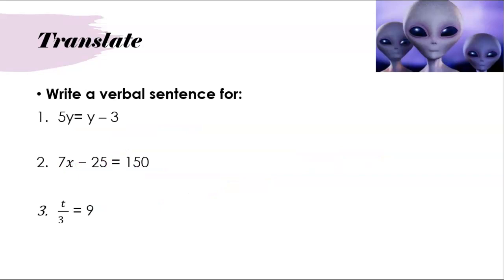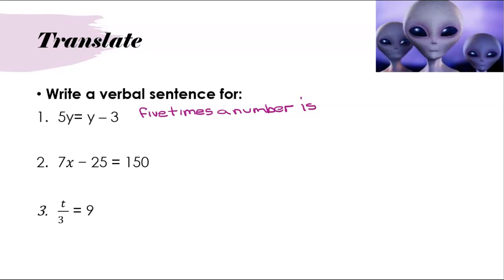Let's do another one. Let's do number 1. So 5y equals y minus 3. Well, let's start with the number 5. We're going to write that out. 5 times a number, because we don't know what the number is. We can just say is.